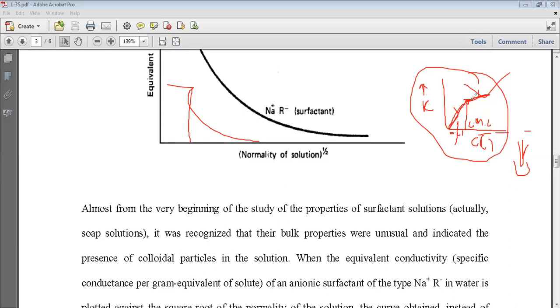Now when we plot this graph, it shows a straight line up to some particular minimum concentration. From this onwards, the slope does not increase as much, but becomes almost constant. This intersection point is called the critical micelle concentration. That means this is where micellization has started, that is, micelle formation has started.